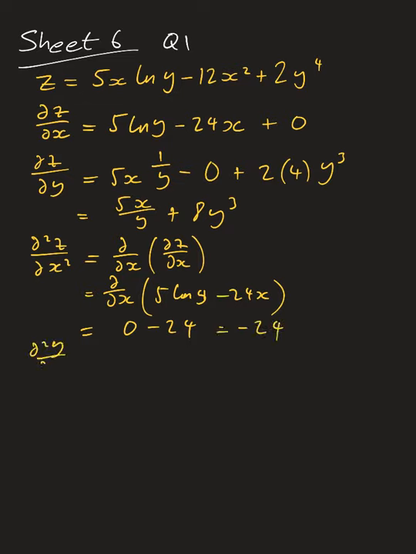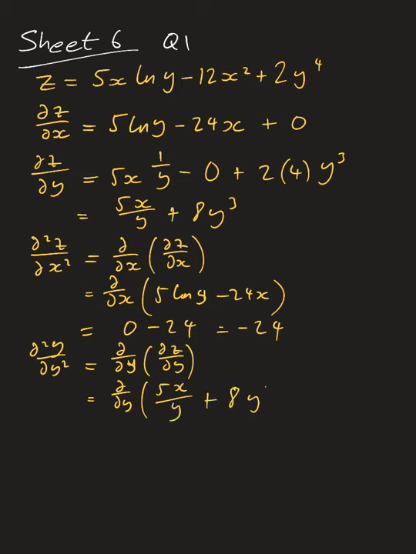The second derivative with respect to y, well, that's just differentiating again with respect to y the partial derivative with respect to y. That's del del y of 5x over y plus 8y cubed. So we're treating y now as our variable that we differentiate with respect to, and we're treating x just as a constant. So 1 over y is y to the power of minus 1.